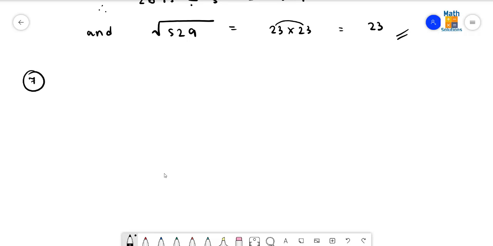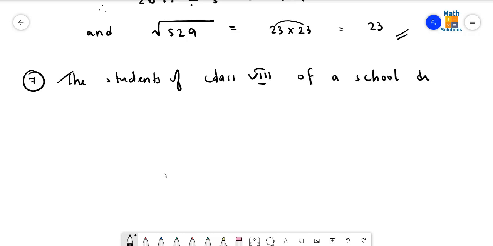The students of class 8 of a school donated rupees 2401 in all for the Prime Minister's National Relief Fund.